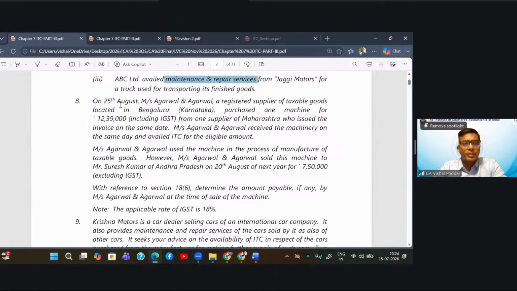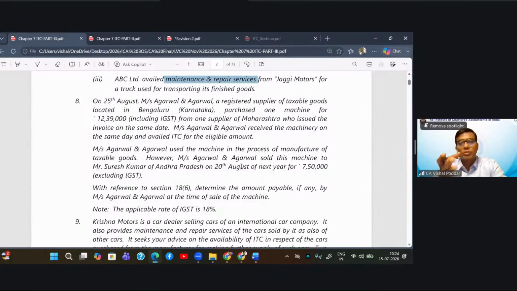Now when did I purchase this asset? I purchased this asset in August of the last financial year, and I've sold it in August of the next financial year. From August to August, effectively you have used it for a year, but that is not how calculation goes. Calculation goes quarter wise.